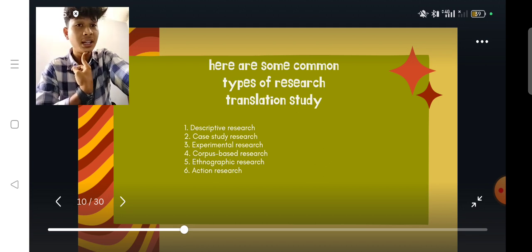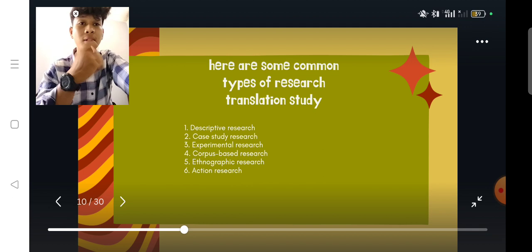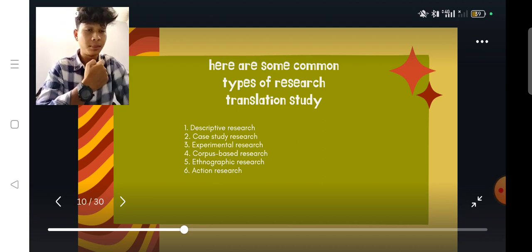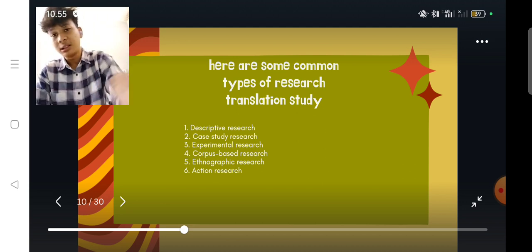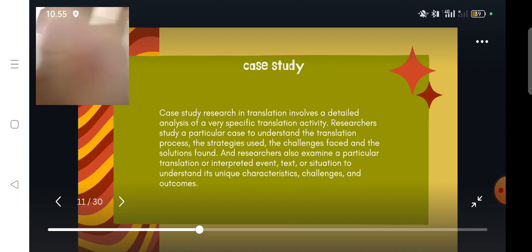Action research is a collaborative and participatory approach that involves working closely with translators, interpreters, or translation agencies to identify and address specific challenges or issues in practice. That is all for the types of research in translation studies.